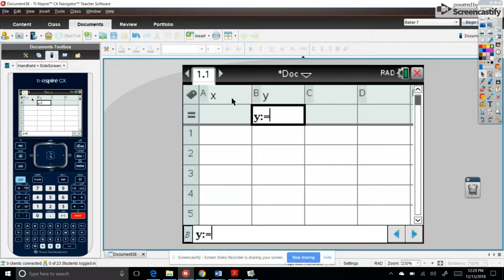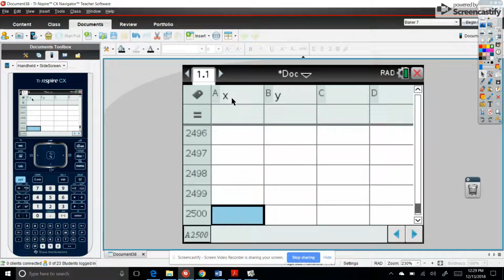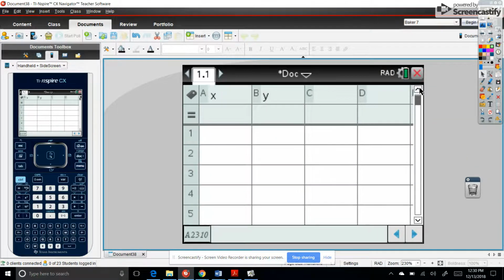X, Y. Why is it doing that? What in the world? 1, 6, 1, 7. Okay.